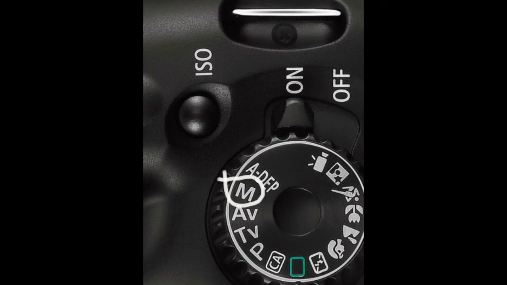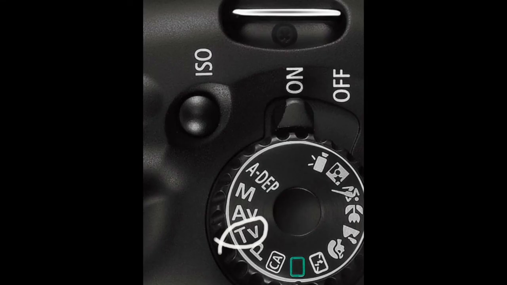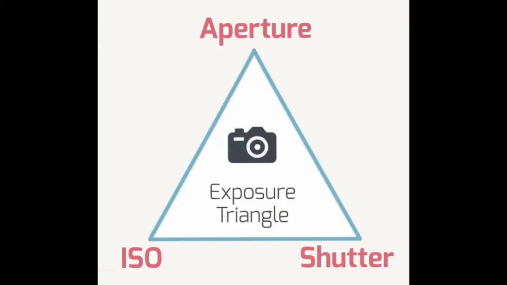Those three modes are manual mode, which is M, aperture priority, which is AV, aperture value, or on some cameras A for aperture, and then there's TV, which is time value, or S, which is shutter speed. Those are the three modes that we're going to be looking at, and we need to be able to create and control the exposure triangle.